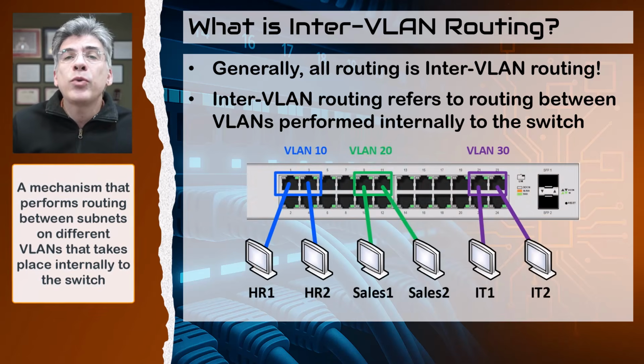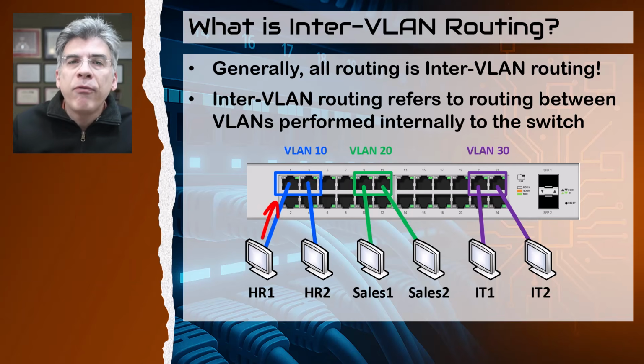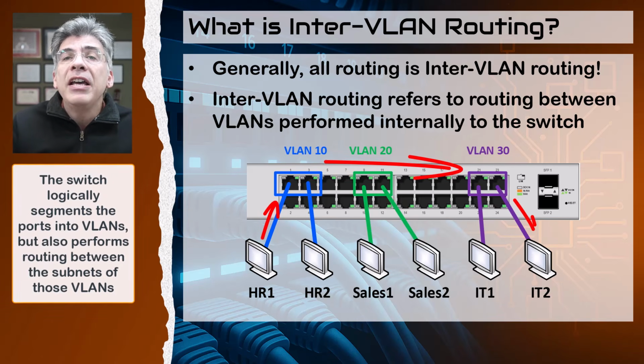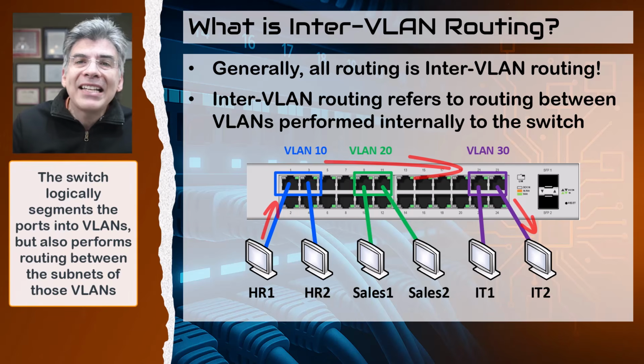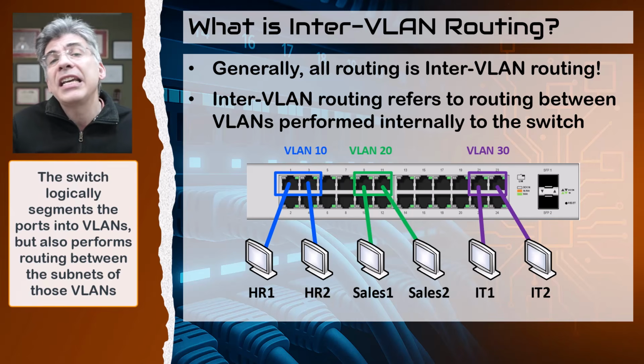This means that the switch essentially has an internal virtual router that is able to perform the same routing logic within a single device. So the switch here takes care of the VLANs, but also acts as the default gateway for those VLANs, providing the routing logic and processes internally.